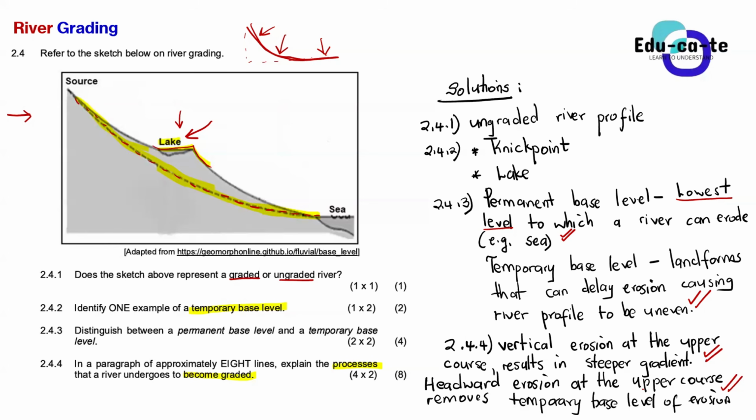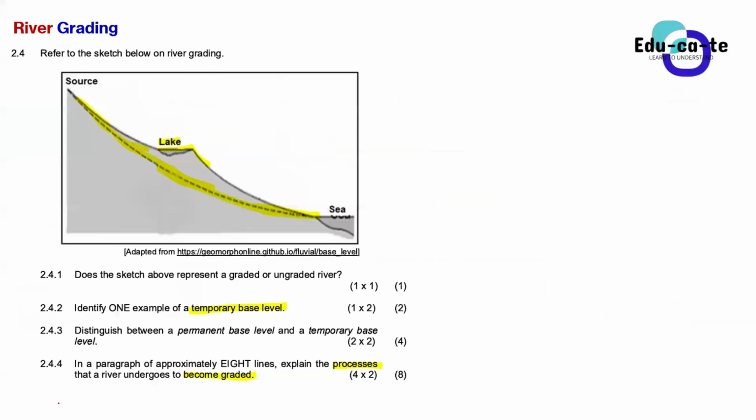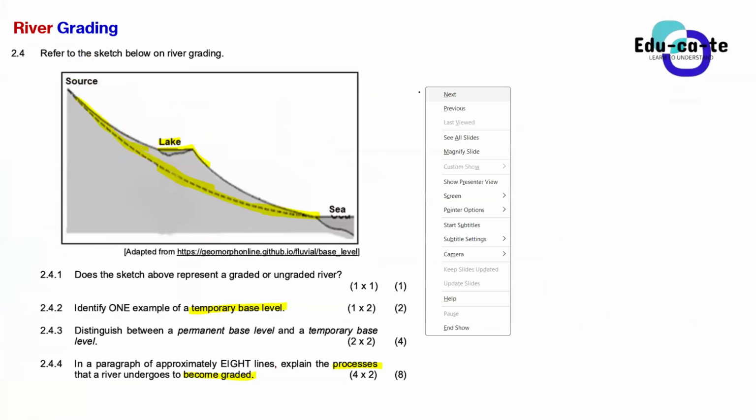So basically, things such as lakes and rapids or any other temporary base level that you can see along the course of the river can be removed if the river has got enough erosive power to do that. What other process happens? Downward erosion removes temporary base levels in the upper course.